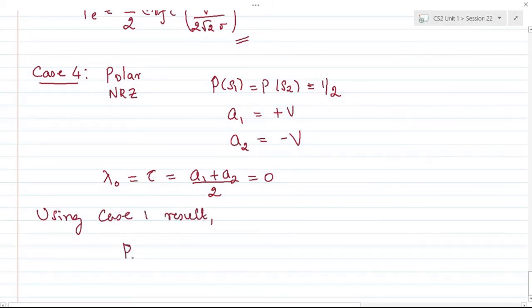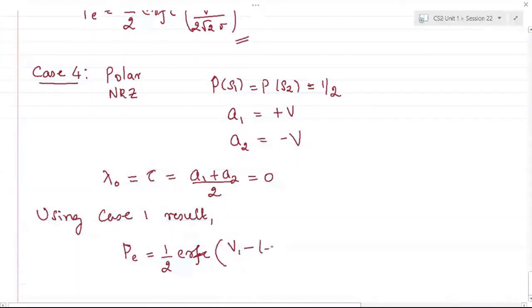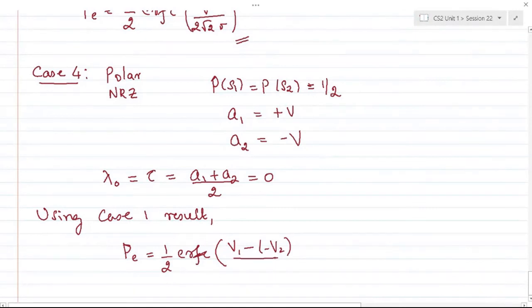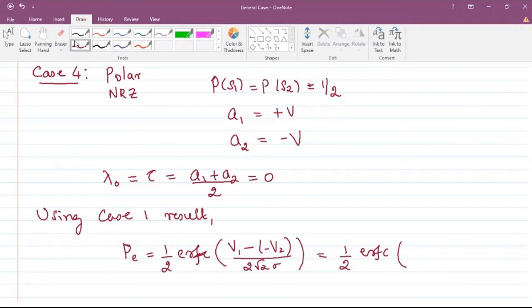What is the probability of error? This will be half of the complementary error function of V by root 2 sigma. Correct, so this is (A1 minus A2) by 2 root 2 sigma. As I told, this will give us simply, I think I've written it as V1 and V2.